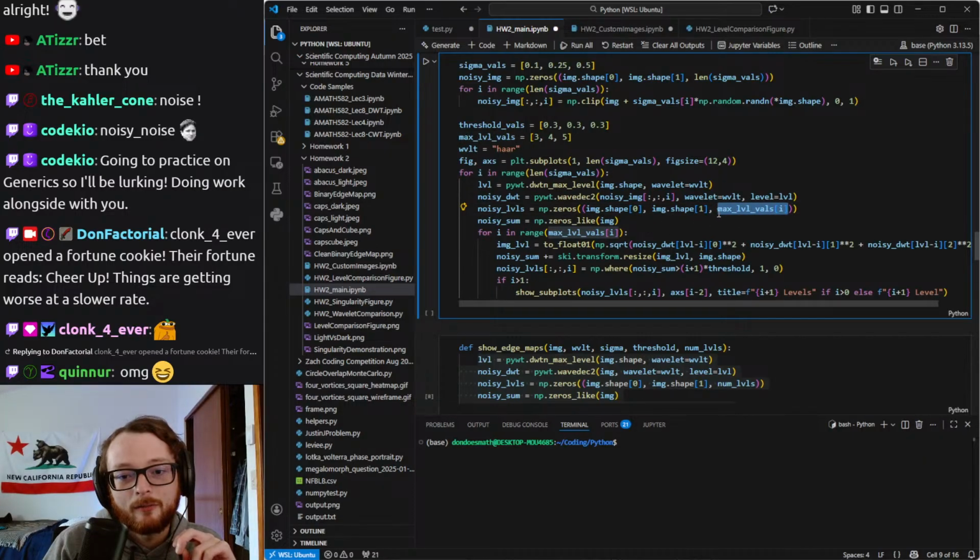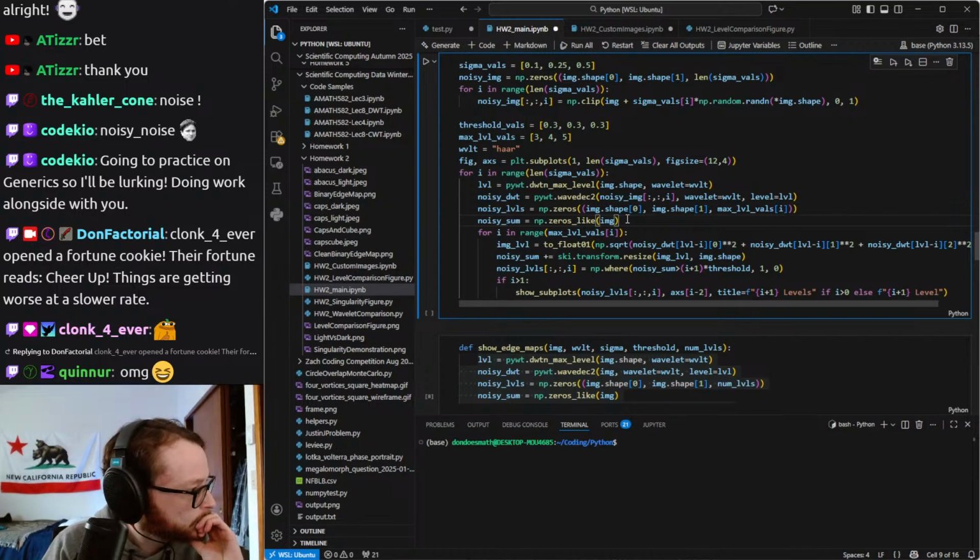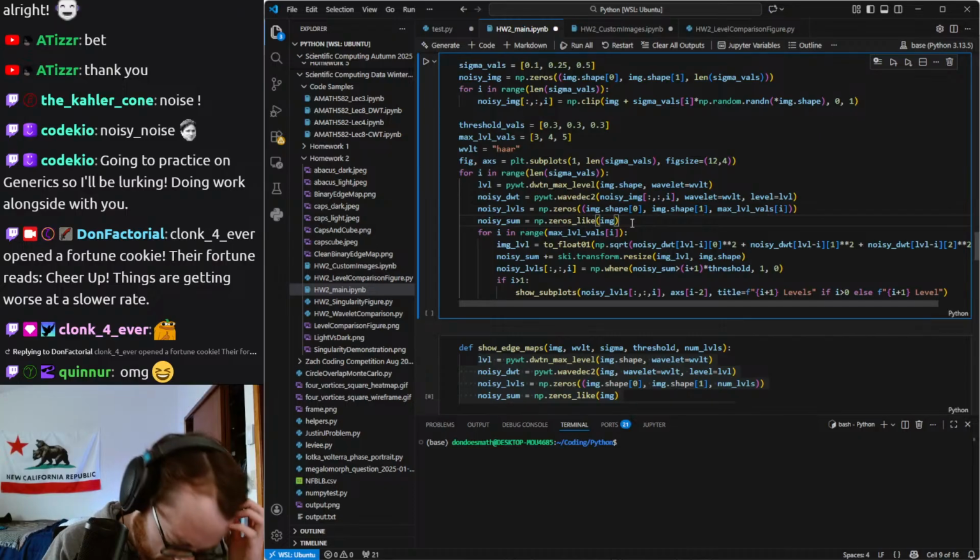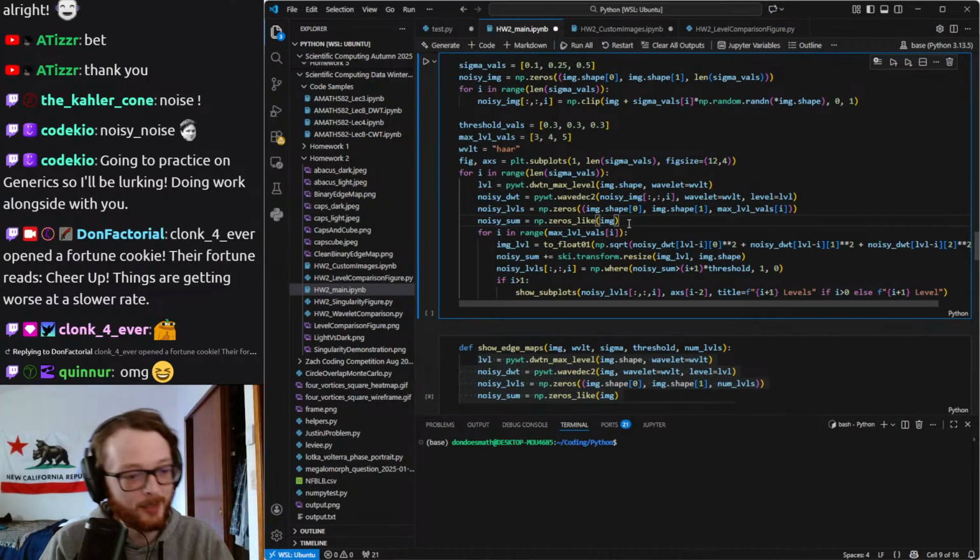For the first iteration, it'll have 3 different things. Am I getting confused on this now?